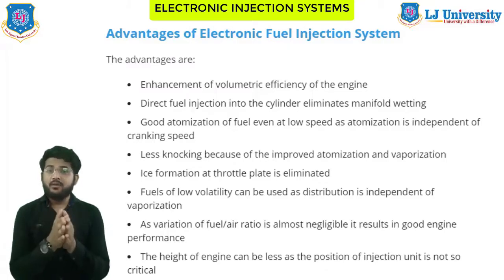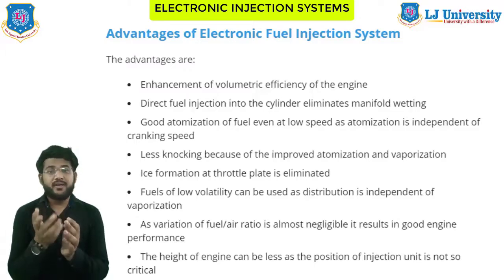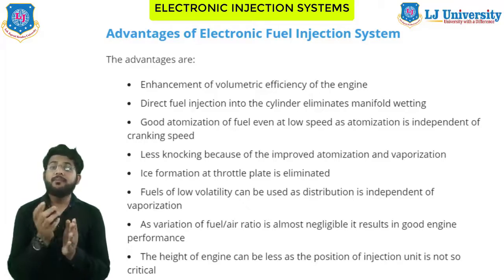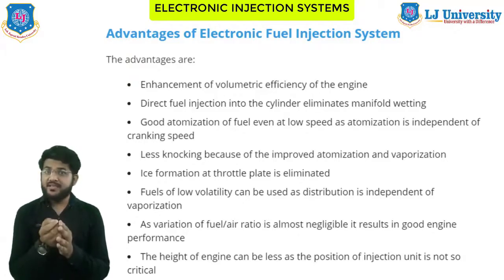Thereafter, good atomization of the fuel even at low speed, as the atomization is independent of the cranking speed. Okay. Thereafter, less knocking because of the improved atomization and vaporization. Okay. Thereafter, ice formation at the throttle plate is also eliminated due to the perfect metering of the fuel. Okay, and there is no unburnt fuel.